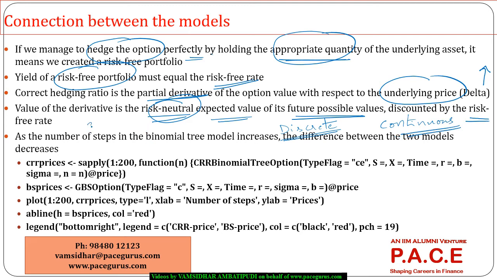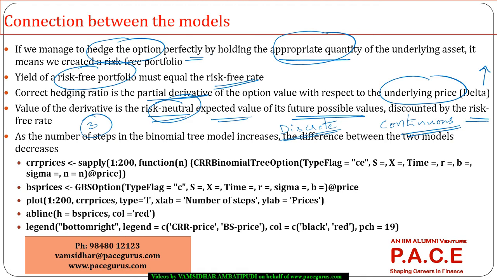So here we have taken only 3 steps in our binomial tree model, but now if I keep increasing the number of steps, there is a good chance that both the binomial tree model as well as the Black-Scholes model will come closer and closer. Right, that is where I wanted to really showcase by making the number of steps more and more variable.